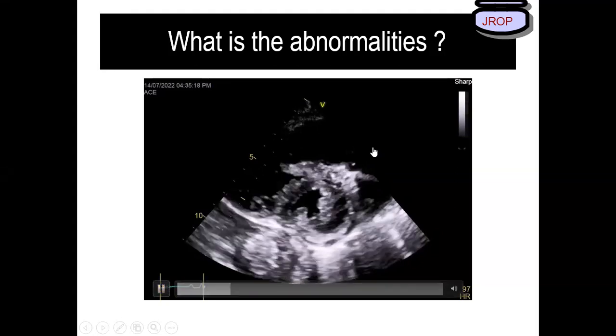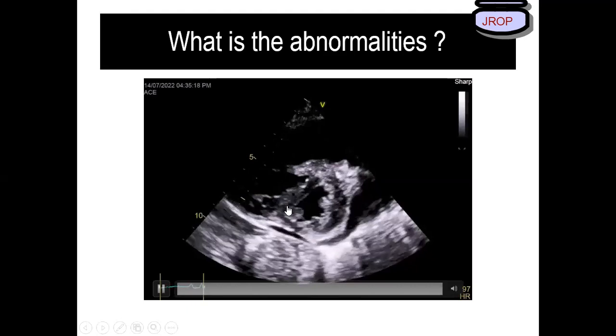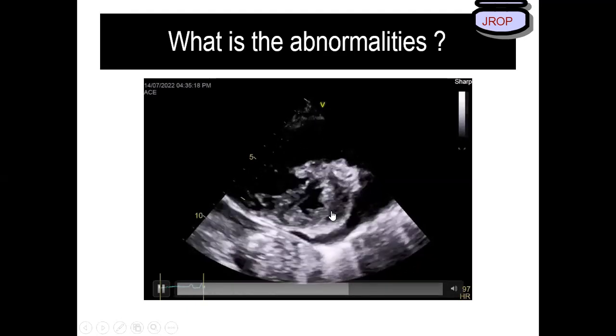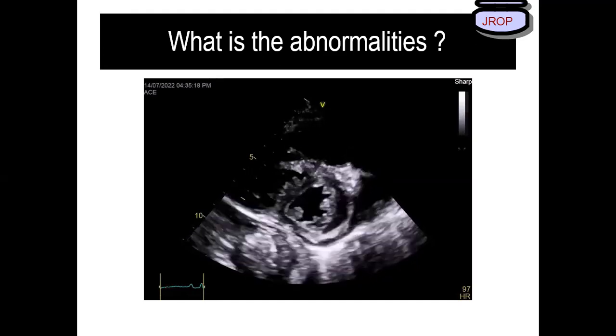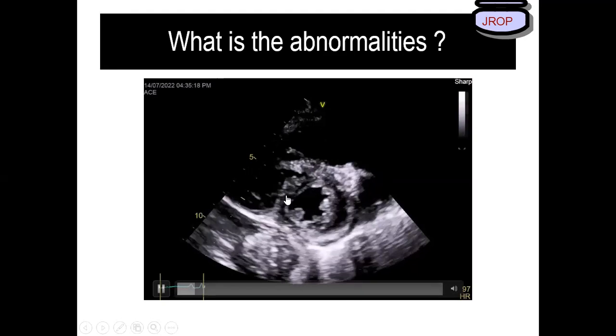Okay. What exactly you wanted to say is, I'll say in a different fashion. Whenever the LV contracts during systole, the septum is normally D-shaped and further becomes sickle shaped during systole. So when it happens both during diastole and systole, this is pressure overload.